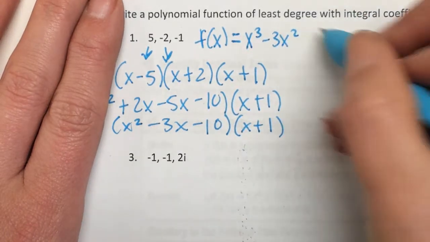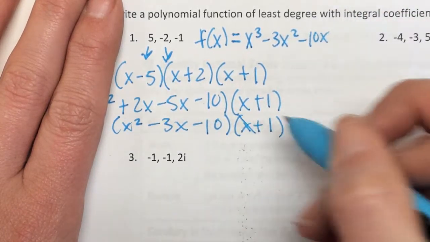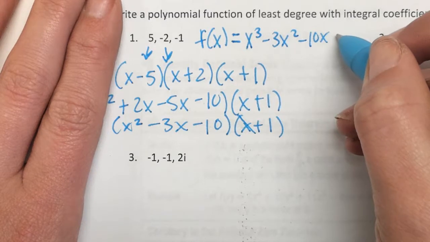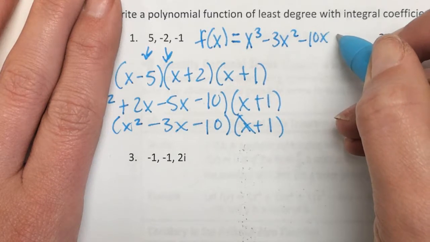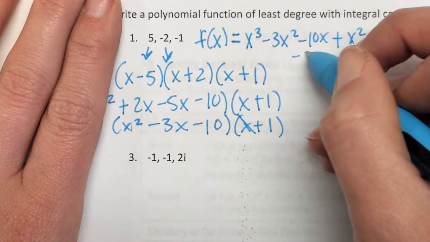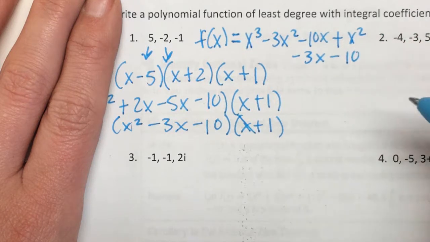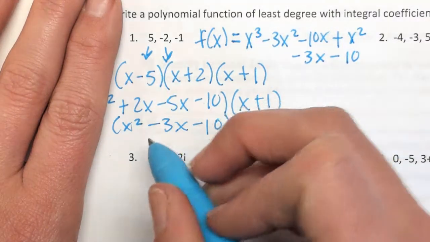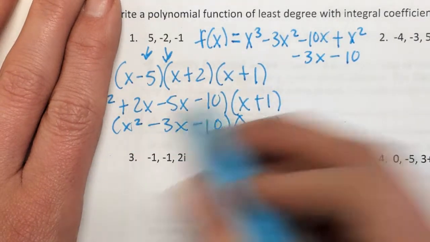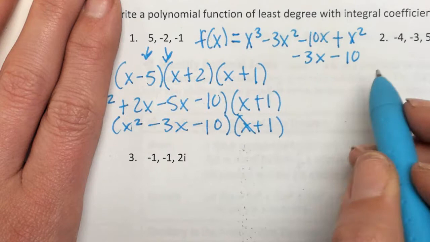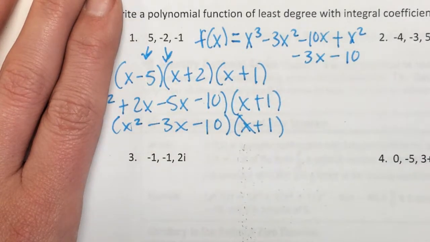Next one. Keep going. We did the x. So plus x squared minus 3x minus 10. The 1 to everything, you said it'd be the same, right? So it'd be x squared, positive x squared, negative 3x minus 10. Everybody with me?